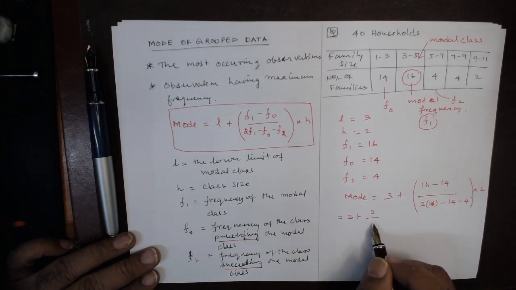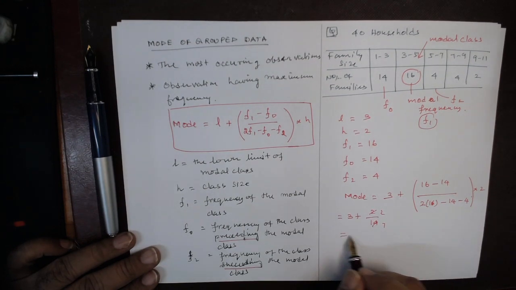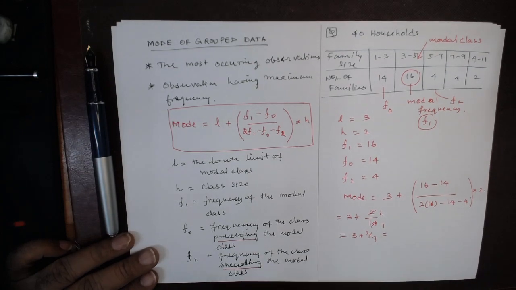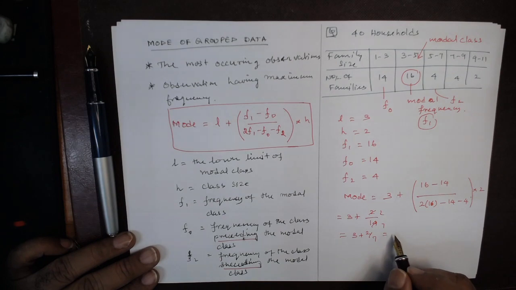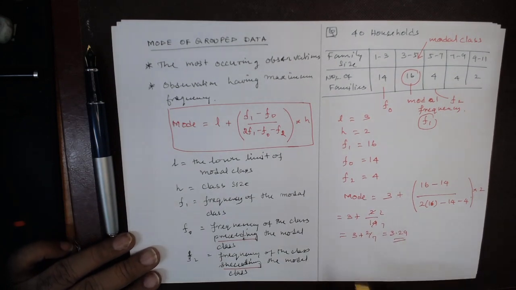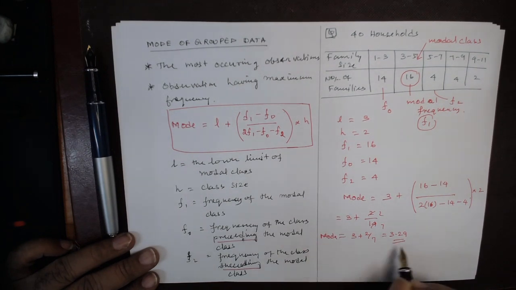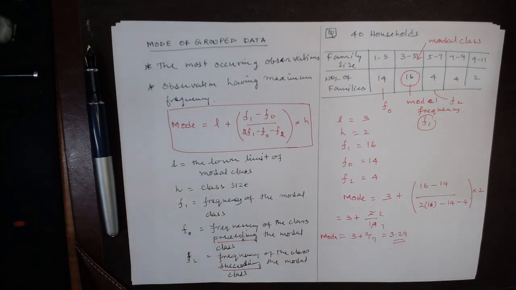Is it not? So 2 by 7. Therefore 3 plus 2 by 7, that is approximately 3.29. So this is the value of the mode. Okay.